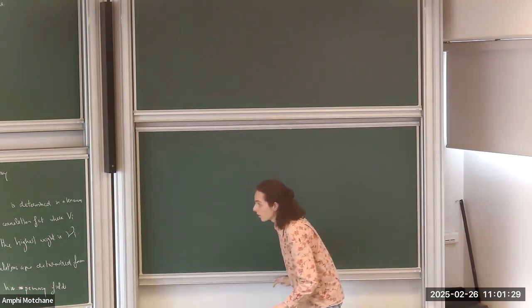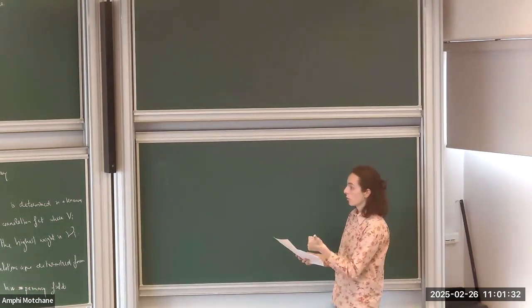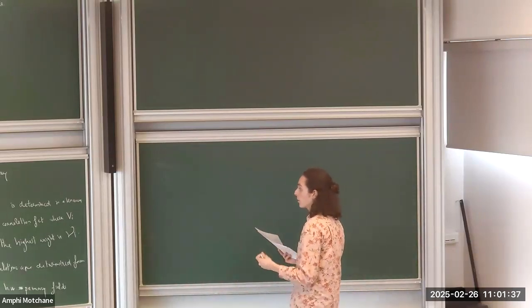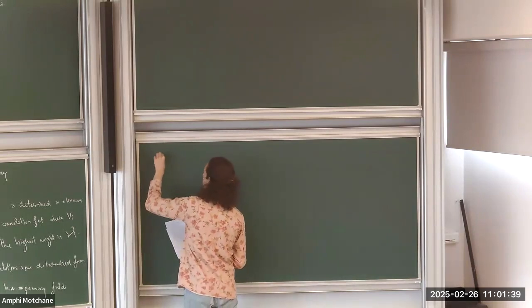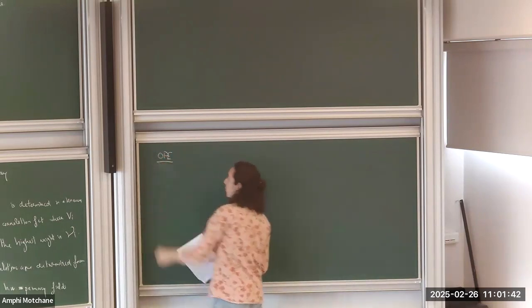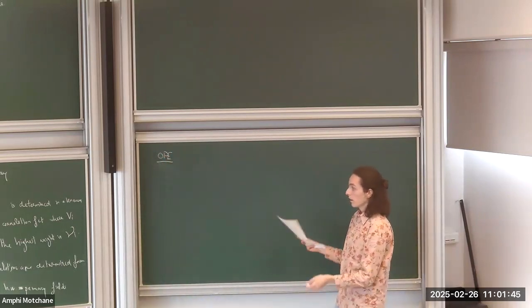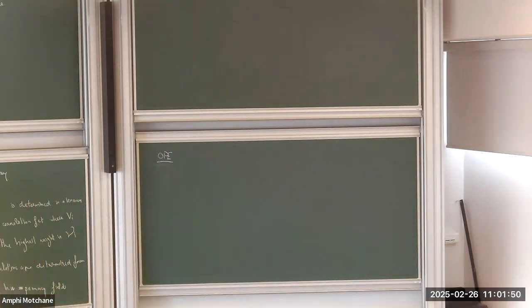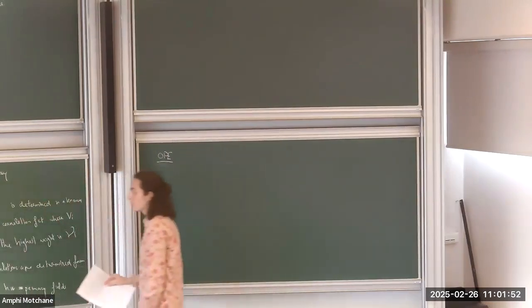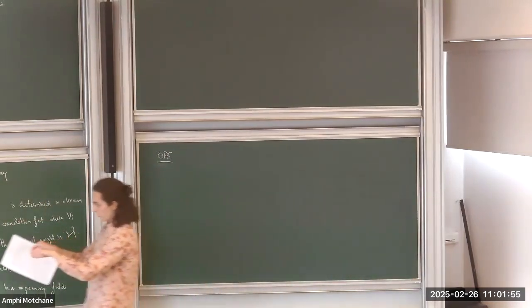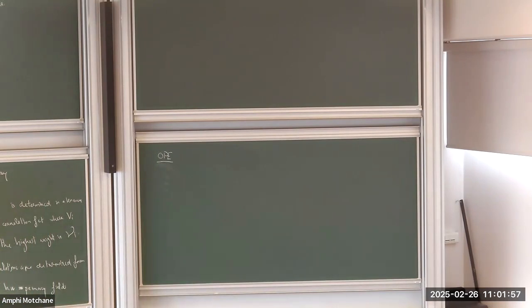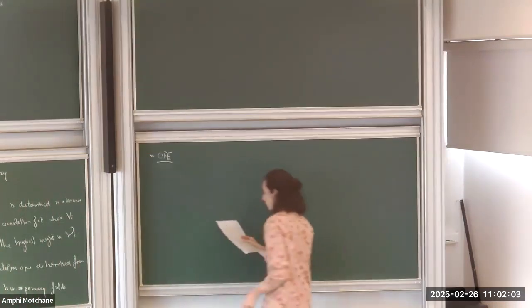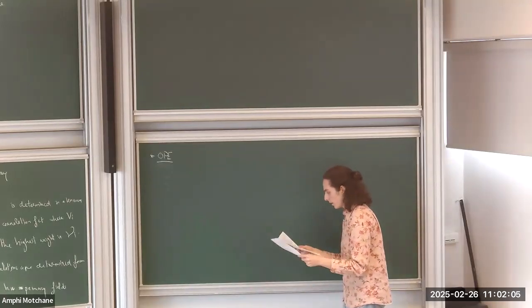Right, so we have most of the ingredients for the bootstrap. We have the space of states. We have correlation functions depending on the state on the space of states. And the last ingredient we need is something called the OPE, which somehow expresses the locality of the theory, which tells you that if you take two fields close together in a correlation function, then you can decompose this product of two fields over the space of states. So the last ingredient is the OPE, and the OPE is the following.